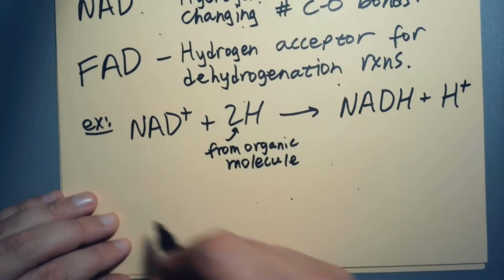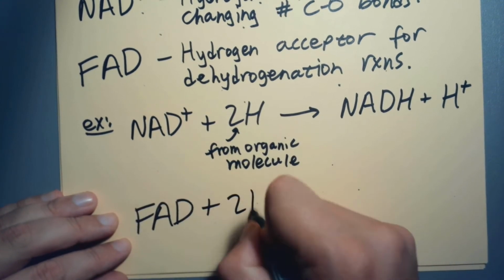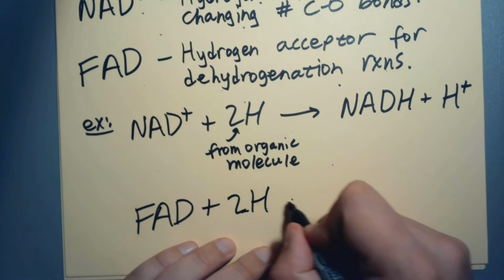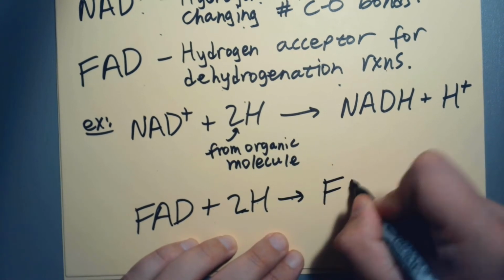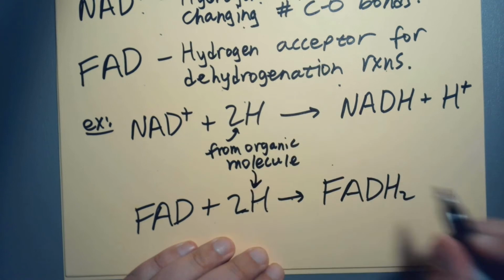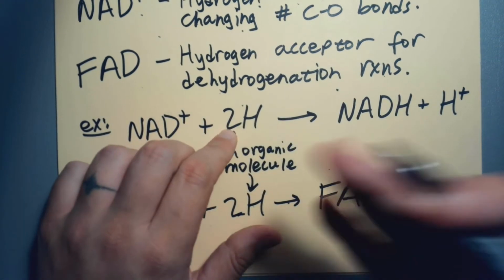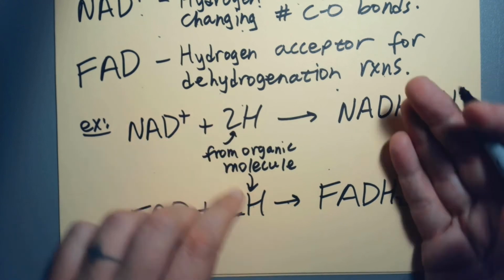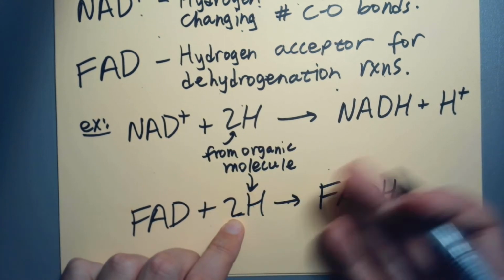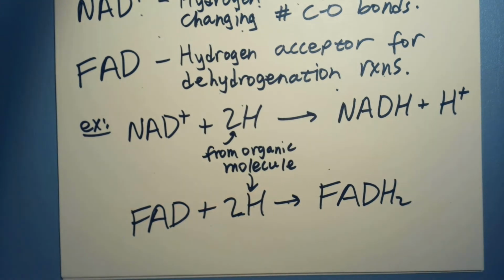Whereas with FAD, it's still going to absorb two hydrogens, but it's just going to become FADH2. When these come from an organic molecule, this one would be from an organic molecule that is gaining carbon-oxygen bonds, whereas this one would be from an organic molecule that is gaining double bonds between carbons.